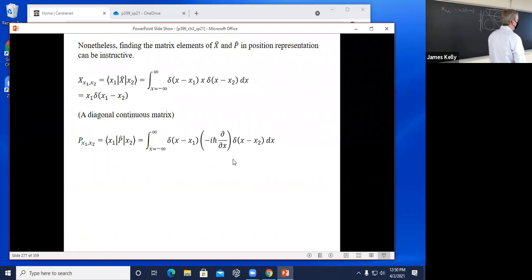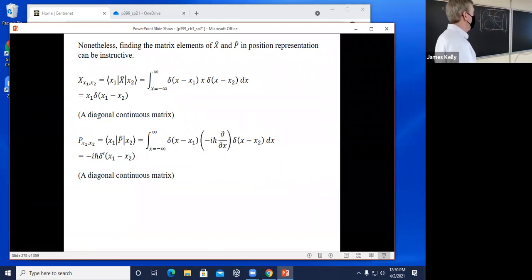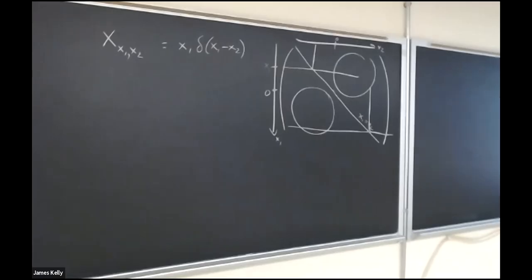Well, I've got a derivative of a Dirac delta function, and then I'm going to evaluate that at x equals x1. So that's going to give me the derivative of the Dirac delta function with argument x1 minus x2. And then there's a minus i h bar that, of course, comes outside the integral, so it comes along for the ride. What does that look like as a function of x1 and x2?